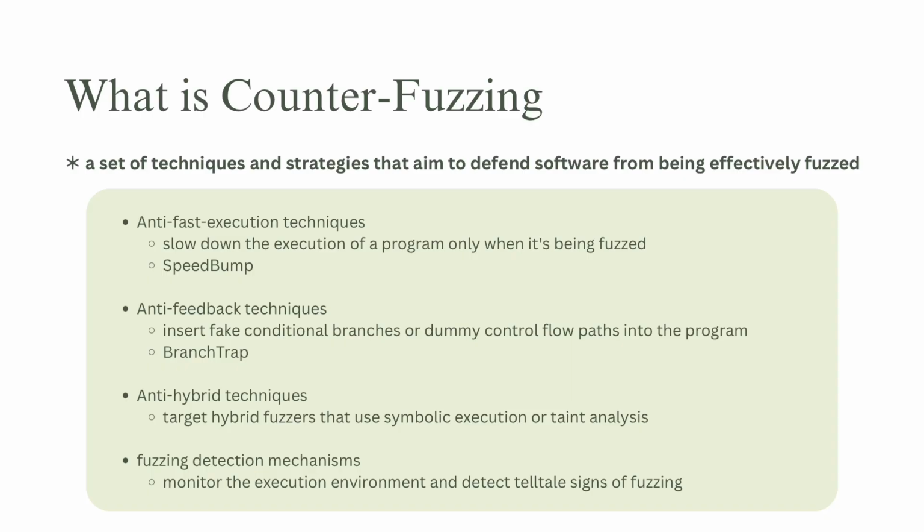When such conditions are detected, the program may respond by slowing down, introducing random delays, or even crashing intentionally to fool the fuzzer. Importantly, all of these techniques are carefully designed to minimize any noticeable effect on normal users. That's one of the defining challenges of counter-fuzzing: balancing security with usability.